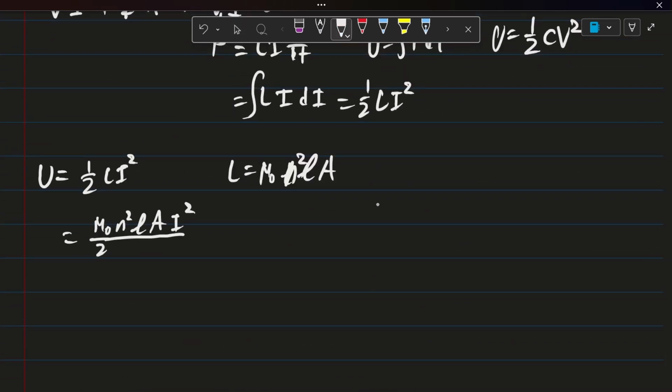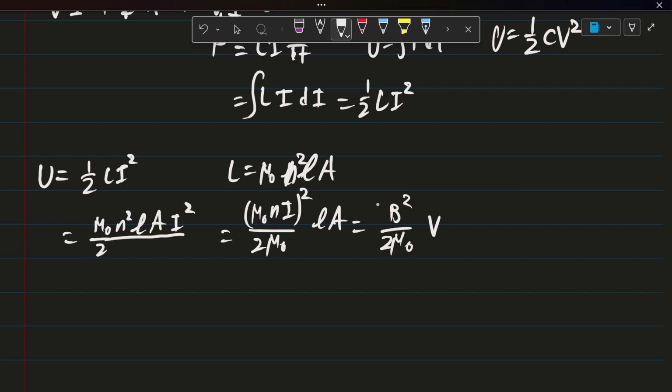So we could just collect all of the mu 0 n I's. Mu 0 n I, we could square that. We could divide it by mu 0 just to keep it the same. We got L a. Now, this is B squared over 2 mu 0 times L times A. And this length times the area is what is called the volume.